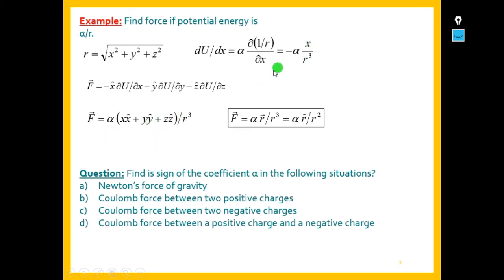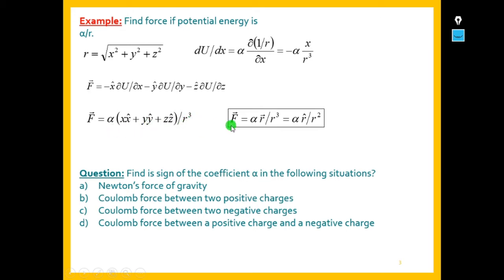Next, y cap with respect to dou u by dou y gives me y, and for z we will get z. So x x cap by r cube plus y y cap by r cube plus z z cap by r cube, with r cube taken common.